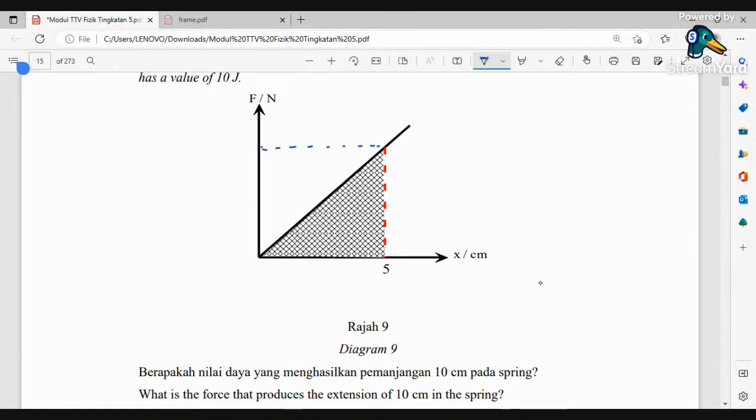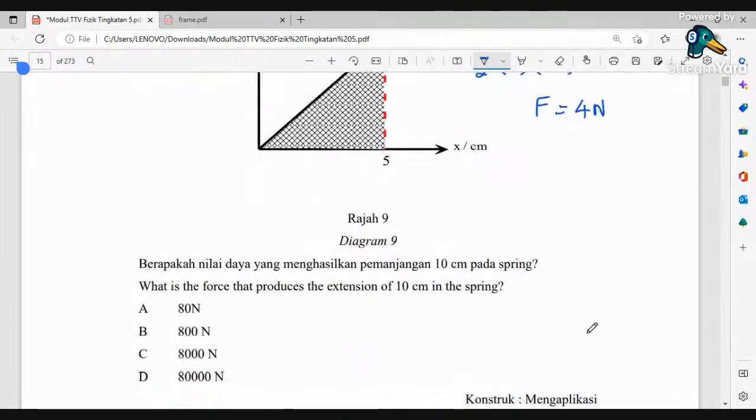Okay, let's try find the value of F here. Okay, area of this one is half times 5 times F equals to 10. Okay, so F from here, 20 divided by 5, so I get 4 Newton.